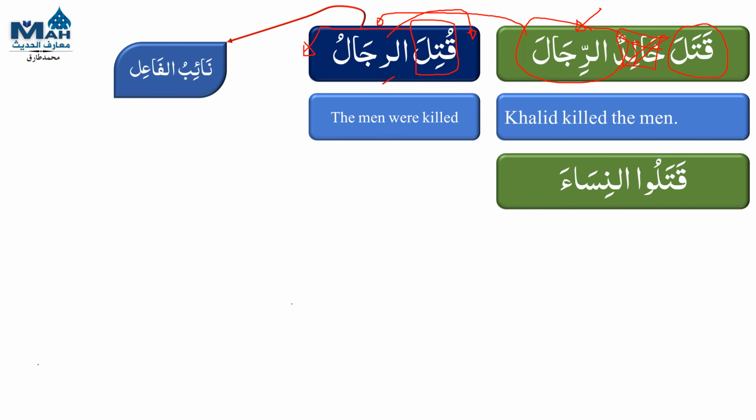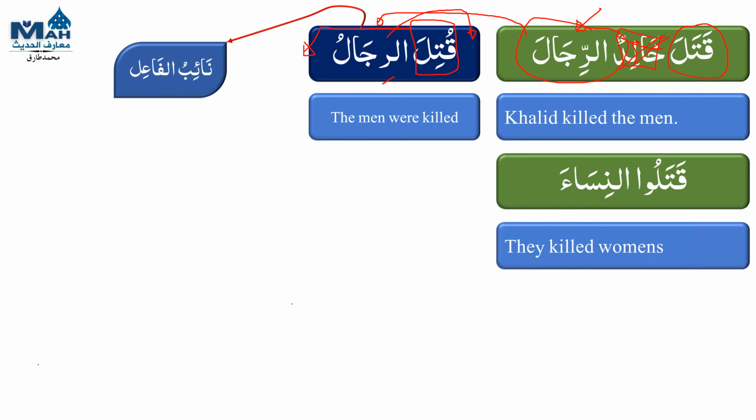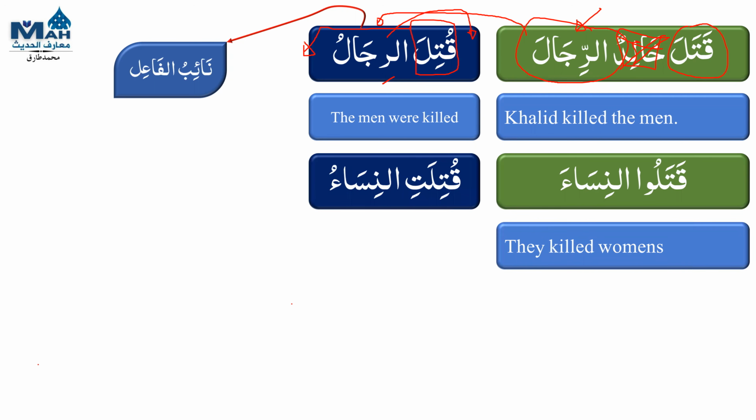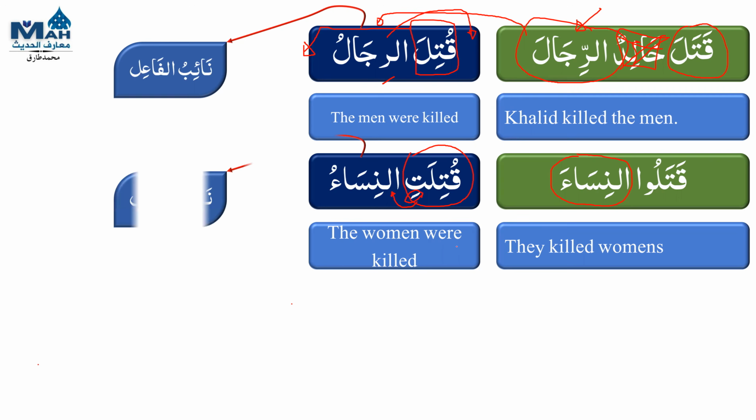It is muannas, sir. So what you will do? An-nisa'u. Kutilat, yes, sir. Kutilatin nisa'u, because it is feminine. So that's why you have to convert to feminine. To singular feminine, sir. Yes, sir. Got it, sir. This kasra is just to make the connection with al, sir. Yes. Okay. Women were killed.